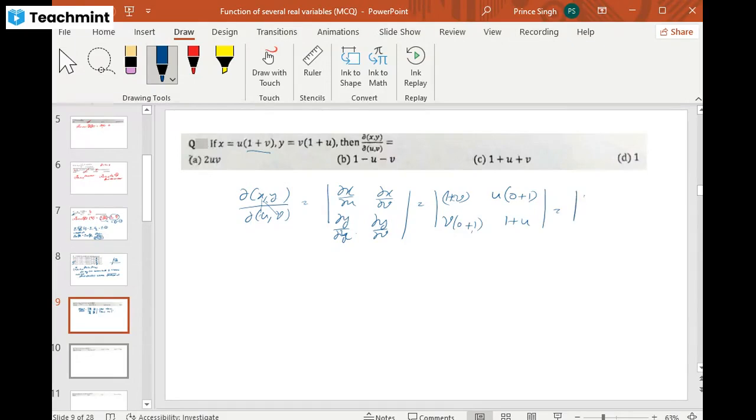So this is basically 1 plus v. Here it is u, here it is v, and 1 plus u. So if we expand the determinant, 1 plus v into 1 plus u minus uv, so this is 1 plus u plus v plus uv minus uv. The answer is 1 plus u plus v. The correct answer is option C only.